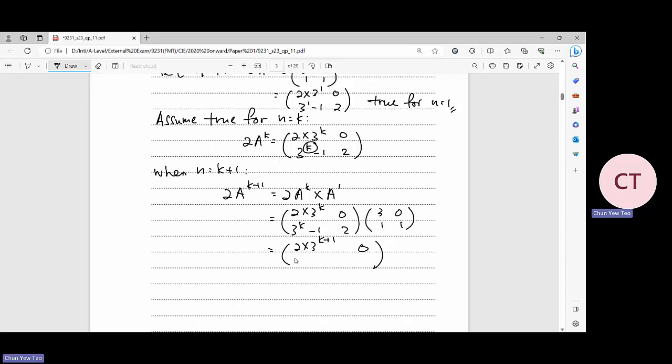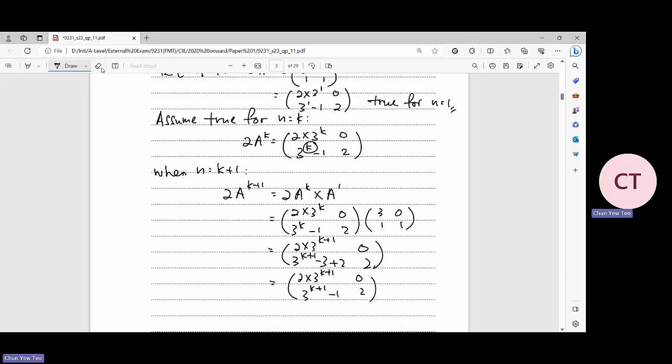Then you get 3 to the power k plus 1 minus 3 plus 2, then this one will be 2. Simplify them, and you get 2 times 3 to the power of k plus 1, then 3 to the power k plus 1 minus 1.